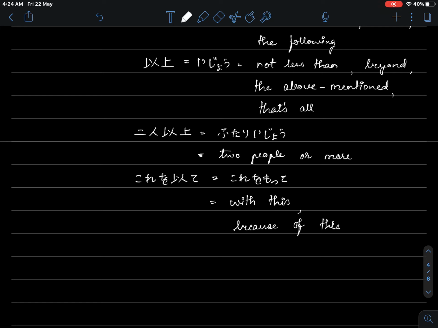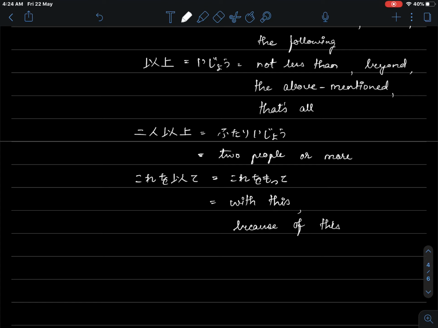It still doesn't convey exactly how it means the dash of, but try and remember how this word motte is being used in isolation and how it is used when it comes with other kanji. Of course, you will probably come across more words with this in future, but for now just remember these.